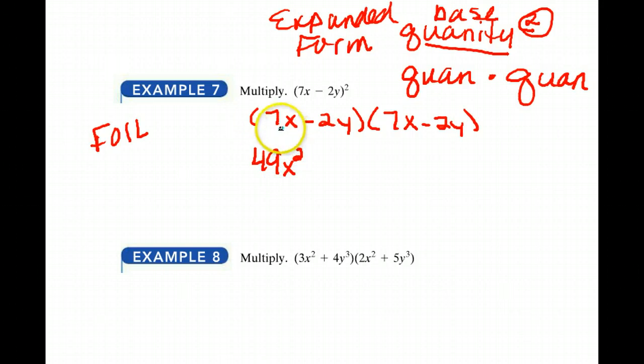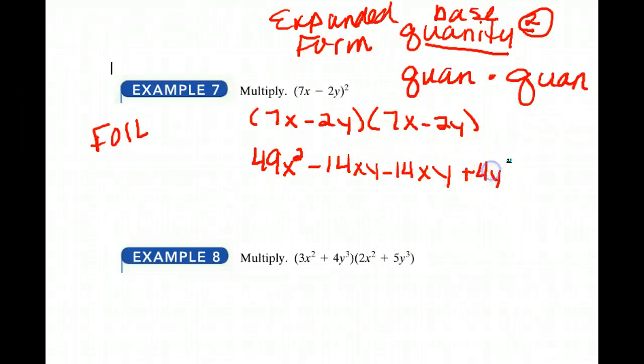Our outers, 7x times negative 2y, negative 14xy. Negative 2y times 7x, which is another negative 14xy. And then we have our lasts, which is positive 4y squared. Check for like terms.